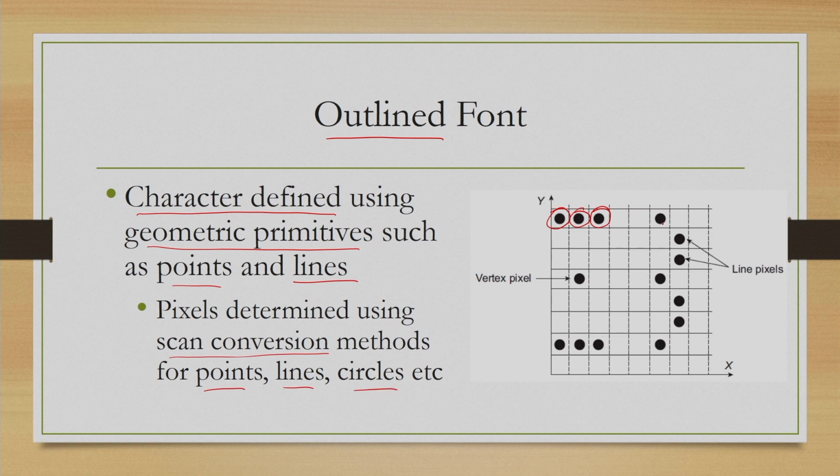Essentially, a few pixels are provided, and using those pixels the computer will draw primitives such as lines or circles to construct a character, like creating an image. So, in case of bitmapped font, we already specify all the pixels, whereas in case of outlined font, we do not specify all the pixels, only a few are specified, and using those the overall shape is computed or created by following the scan conversion techniques.